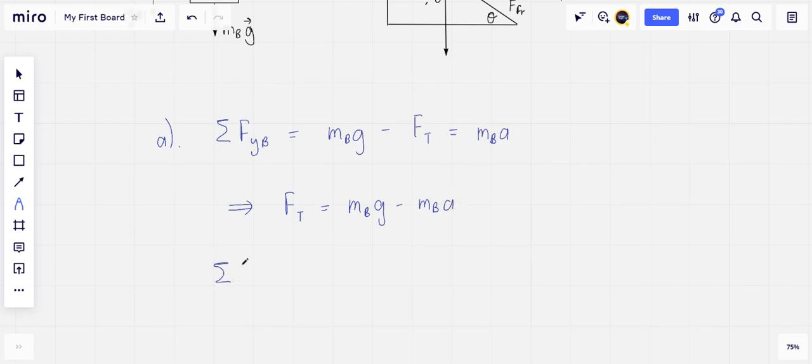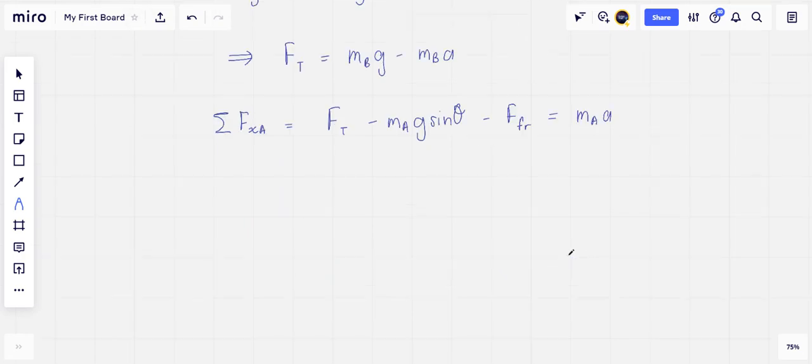If we take the forces in the x direction for A, this is equal to Ft minus mA g sine theta minus the frictional force down the incline Ffr, and this must equal mA times the acceleration a.